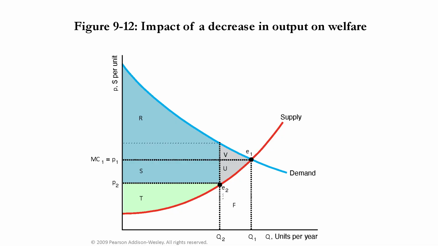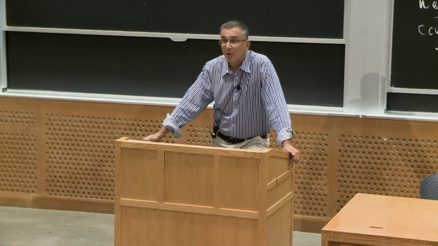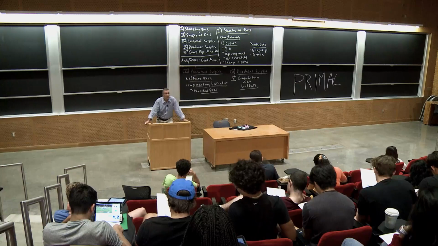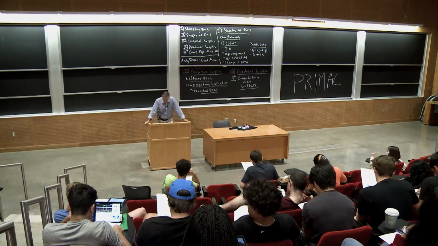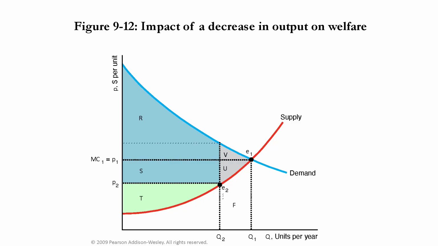You can see, and the consumer surplus in this example, well, somebody tell me, what is consumer surplus? Use the letters there. What is the consumer surplus at point E1? Someone raise their hand and tell me. What letters represent consumer surplus? Yeah. R plus V, exactly, same person. What letters represent producer surplus? Exactly.